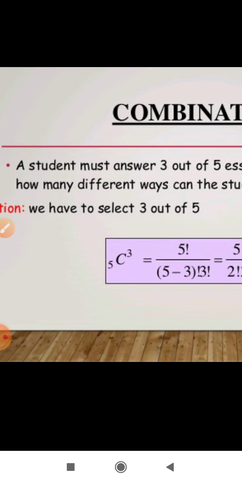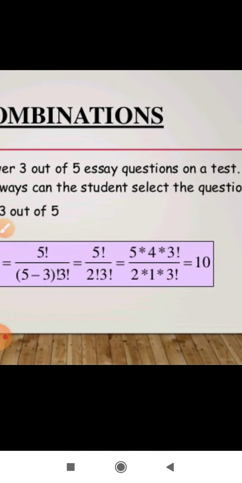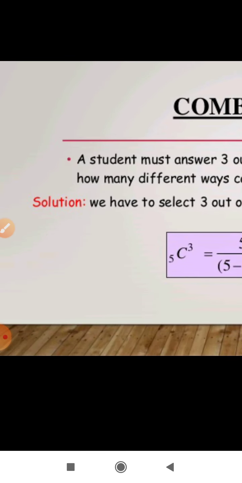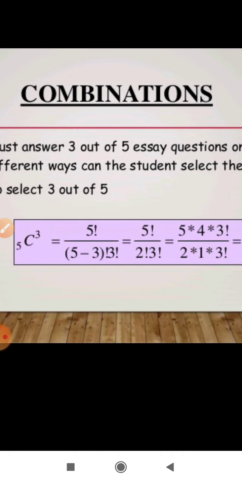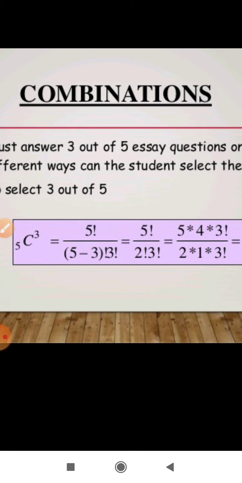Next, a student must answer 3 out of 5 easy questions on a test. In how many different ways can the student select the questions? We have to select 3 out of 5, so n is equal to 5 and r is equal to 3. The formula will be factorial n upon factorial n minus r into factorial r.